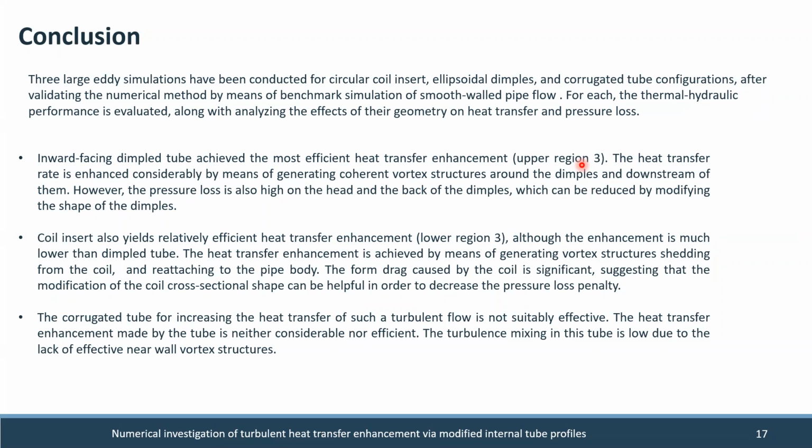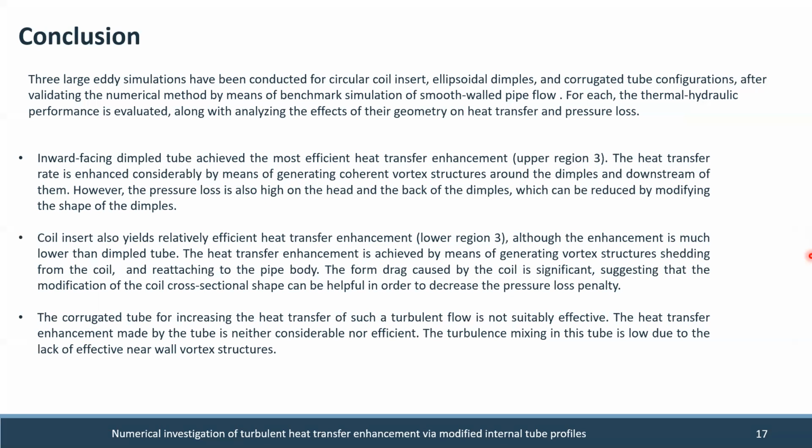For each of these cases, we evaluated the thermal hydraulic performance, and we analyzed the effects of the geometry on heat transfer and pressure loss. We show that the inward-facing dimple tube achieves the most efficient heat transfer enhancement. It's in upper region 3.